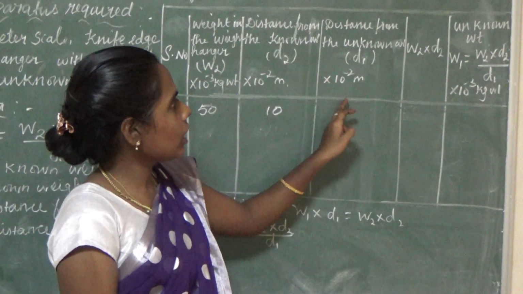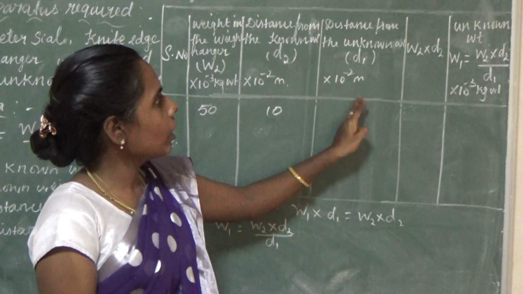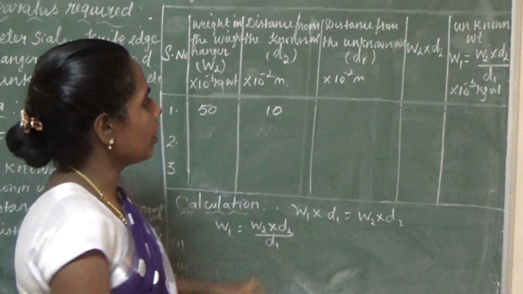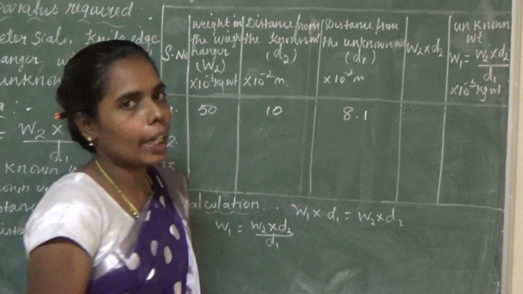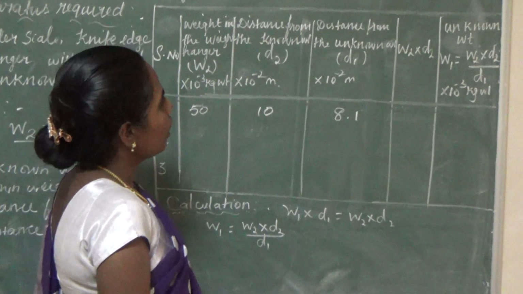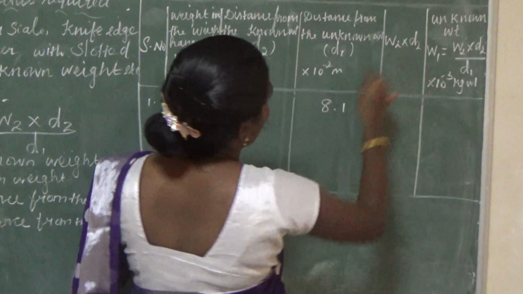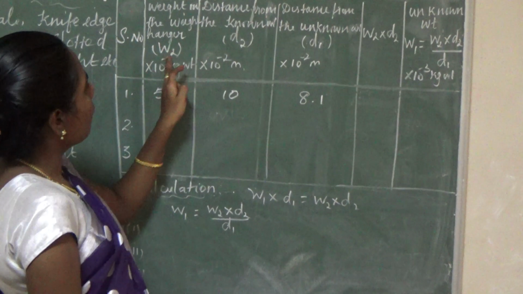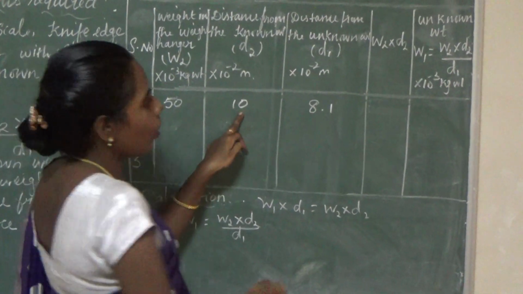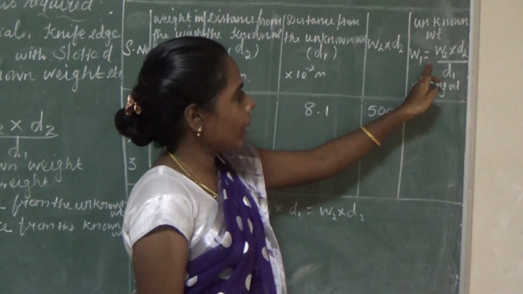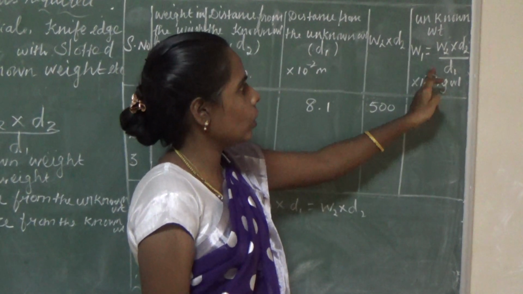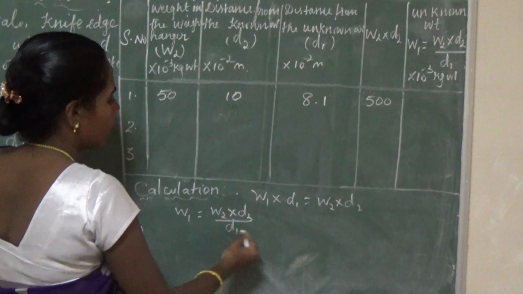Next, for this, at what distance did the scale get balanced? First we got 8.1. Now next, W2 into D2: we multiply 50 into 10, which is 500.